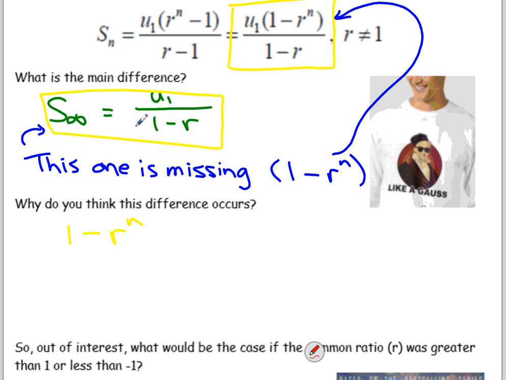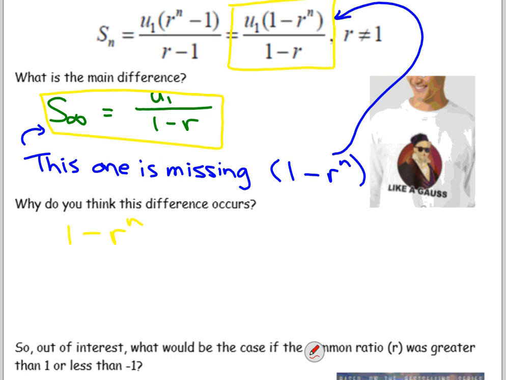So if you had 0.5, then 1 minus 0.5 is still just 0.5, and positive divided by positive gives you a positive sum. Whereas if you used r minus 1, 0.5 minus 1 would give a denominator of -0.5. Then you'd have a positive divided by a negative, and you'd get a negative answer for your sum. So that's why they use the 1 minus r version.